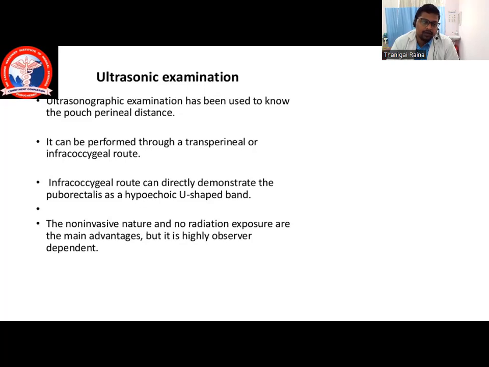The infracoccygeal route can directly demonstrate the puborectalis as a hypoechoic U-shaped band. The non-invasive nature and no radiation exposure are the main advantages, but it is highly observer dependent. In ultrasonic exam, it's very difficult to rule out the ARM.